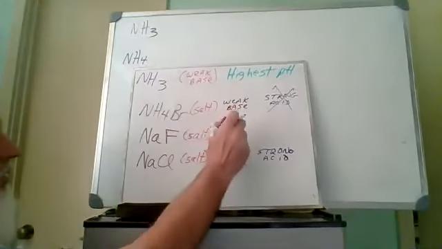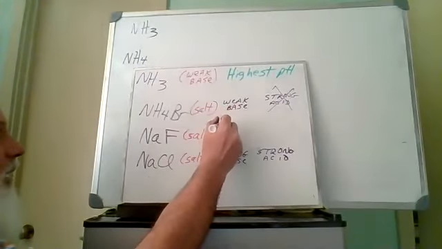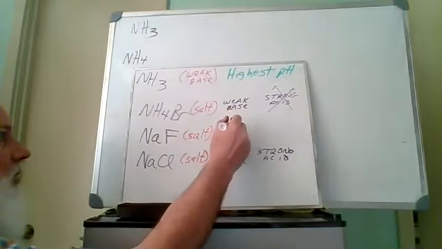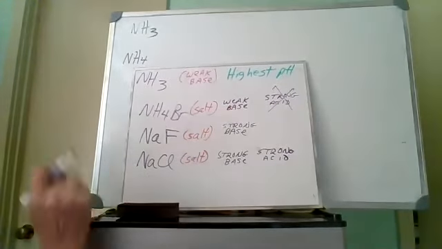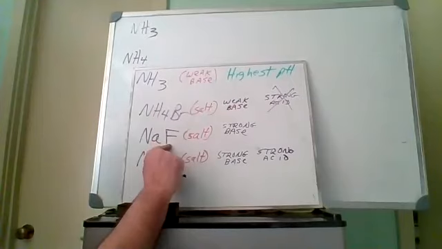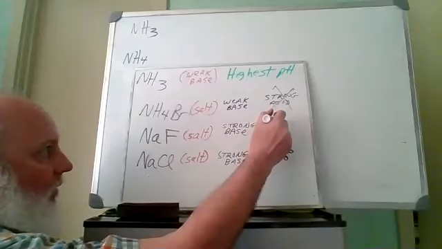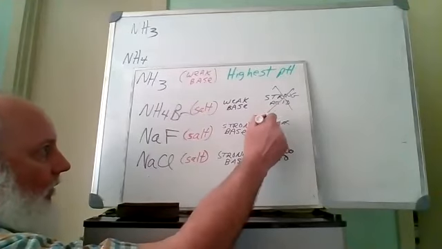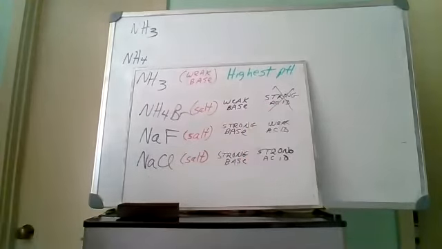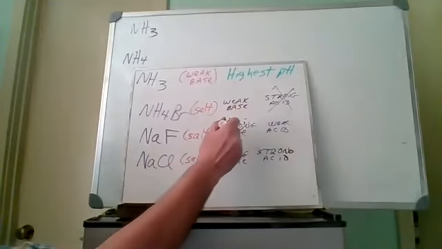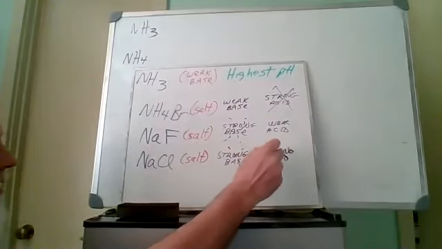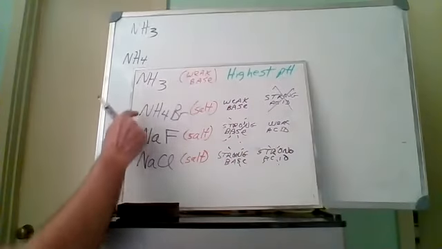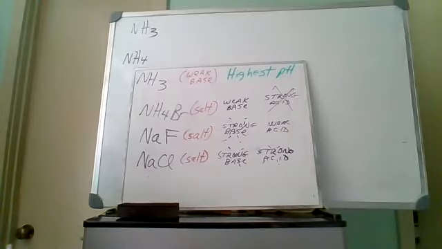The sodium is from a strong base, and the fluoride anion, F minus, is the conjugate base of a weak acid. So the sodium is not going to react with water. So one of these two is going to give an acidic solution.